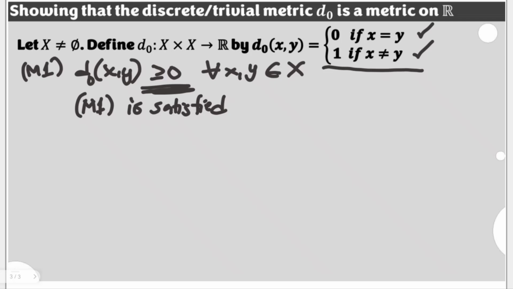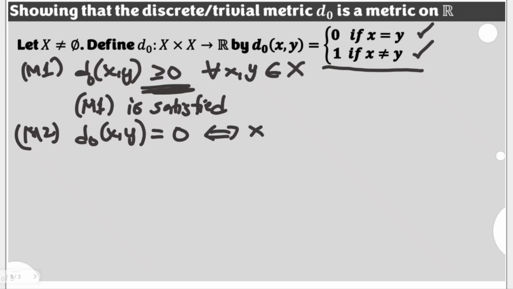And they satisfy m1. For m2, which tells us that if the distance of x and y is equal to 0, this only tells us that x is equal to y. But of course, when could we get a distance which is equal to 0? Given already in our definition, 0 is the distance between x and y if they are equal. So the first movement, because it is a bijection, is already satisfied.